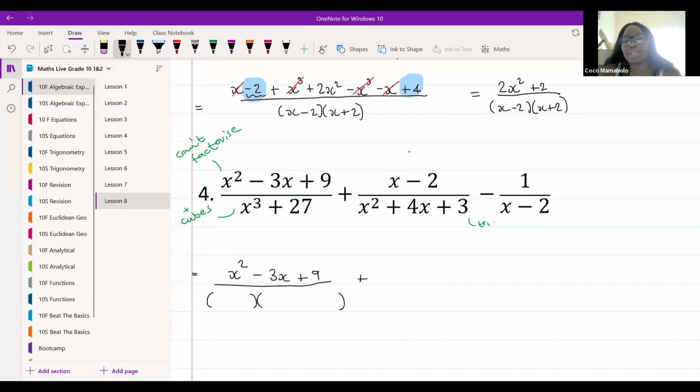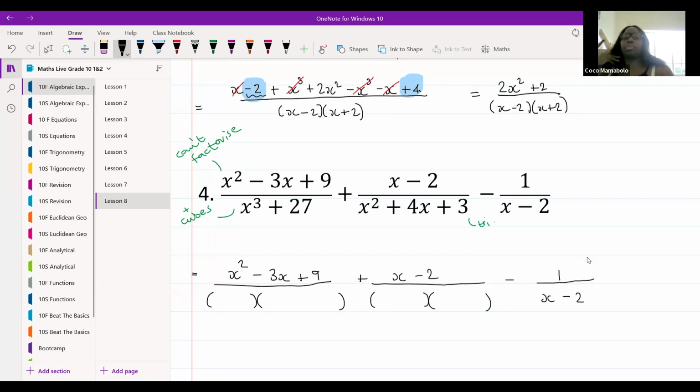Plus x minus 2 over, now this is a trinomial, so I can open two brackets, minus 1 over x minus 2.